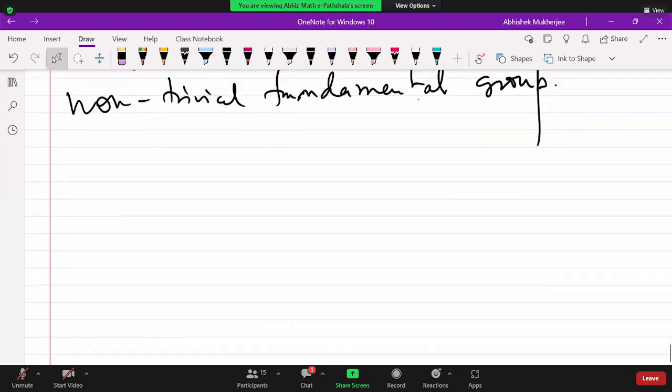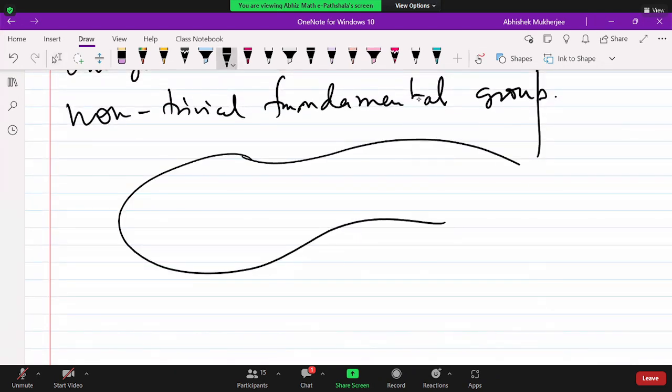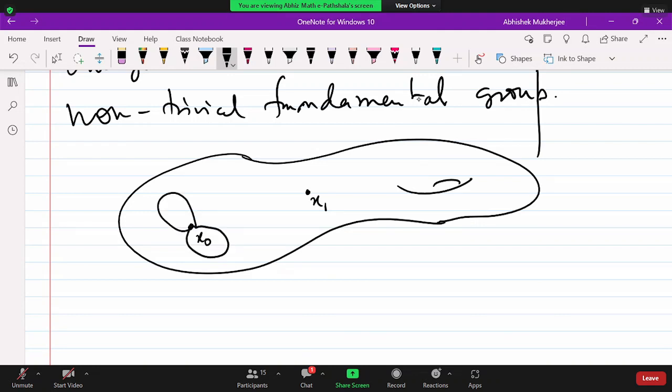Suppose you take some space, and let us take one point x naught and another point x1. Does there exist any connection between the fundamental group based at x naught and the fundamental group based at x1? That means if you are considering loops around x naught, and loops around x1, whether these loops are connected or not.